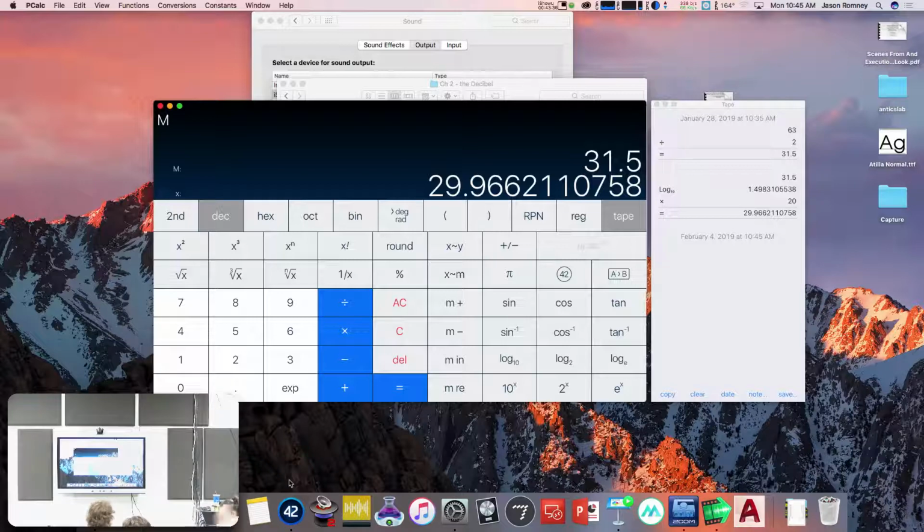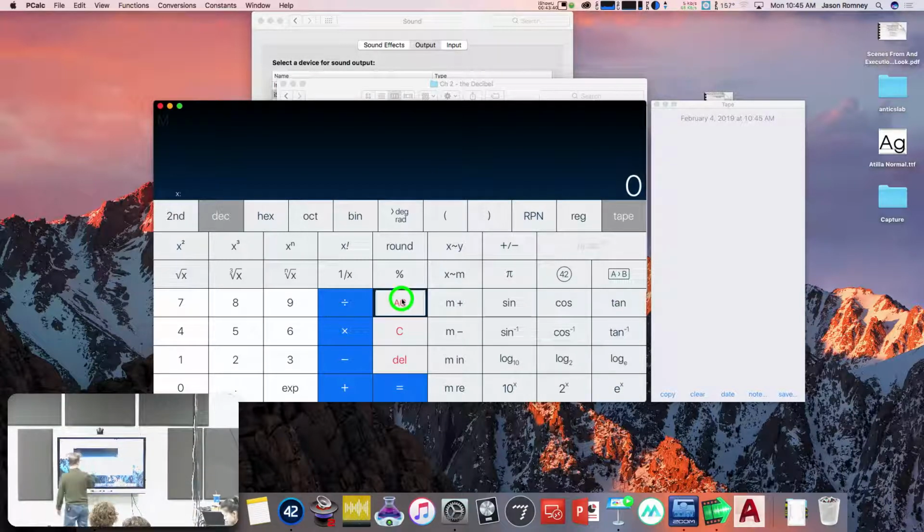So here's my calculator. I'm going to do 10 to the power of negative 10 divided by 20. So I'm going to first type the 10. And then you should have a little plus/minus button on your calculator. I'll hit that. So now I'm dealing with negative 10. So I'll take negative 10 divided by 20, and I get negative 0.5.